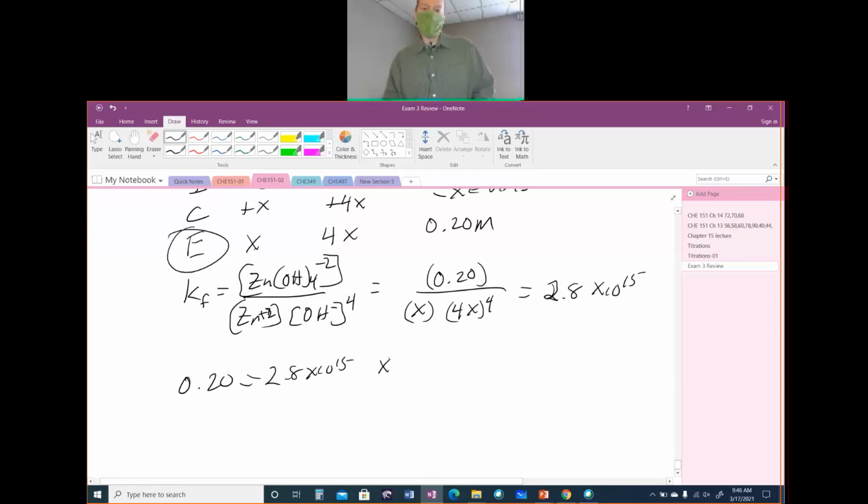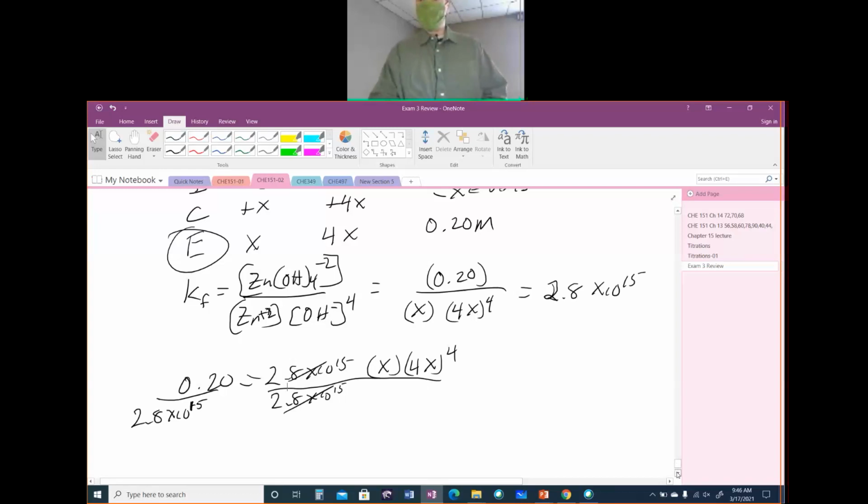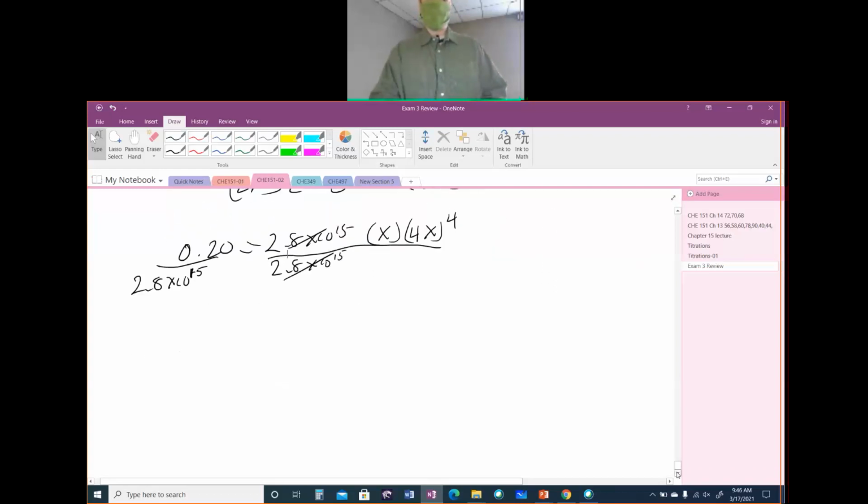Now we're going to divide both sides by 2.8 times 10 to the 15th. We also have to get rid of 4 to the 4th, and I don't want to calculate 16 times 16, so I'm just going to leave it as 4 to the 4th. And so I'm going to now divide both sides by 4 to the 4th.